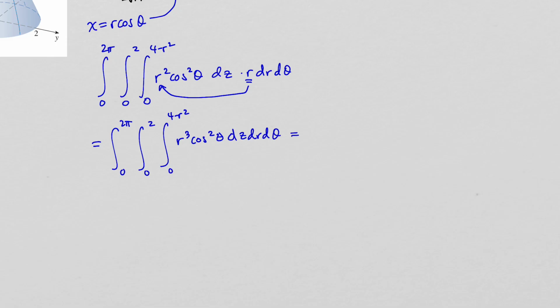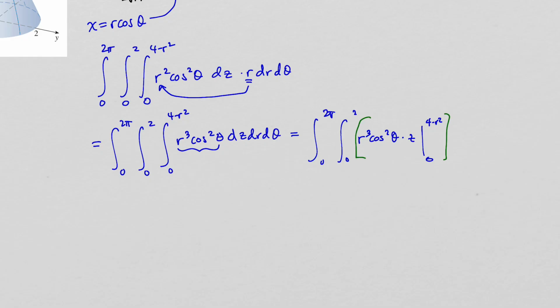And so we have the integral from 0 to 2 pi, integral from 0 to 2. Integrating this with respect to z gives us r cubed cosine squared of theta times z from 0 to 4 minus r squared. So that's the part we need to focus on now. And then, of course, when we're done, we'll have our dr d theta.